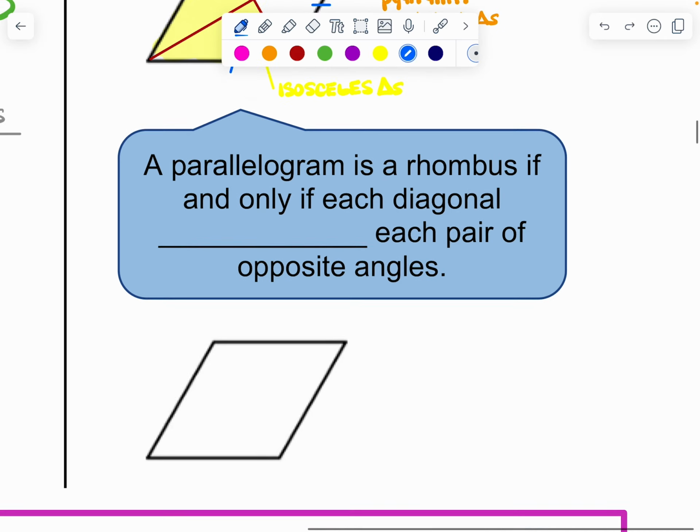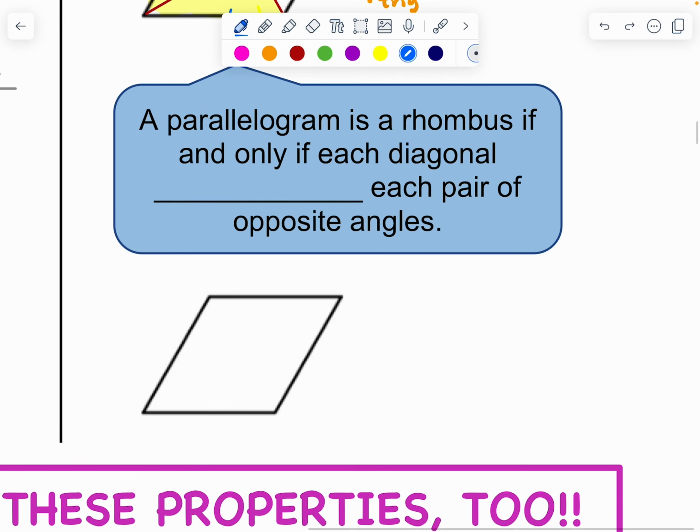And that leads us to the second property that says if it's a rhombus, the diagonals bisect each pair of opposite angles. So that's saying that when you draw a diagonal, it's automatically going to bisect the angles.